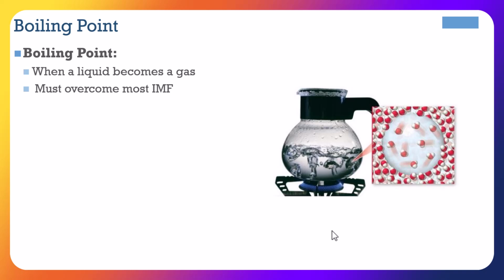So in order to go from a liquid interacting with my partners to a gas having no interaction with my partners, we've got to expend some energy to break those intermolecular forces. So overcoming intermolecular forces, right? There's going to be some sort of energy input that has to happen.